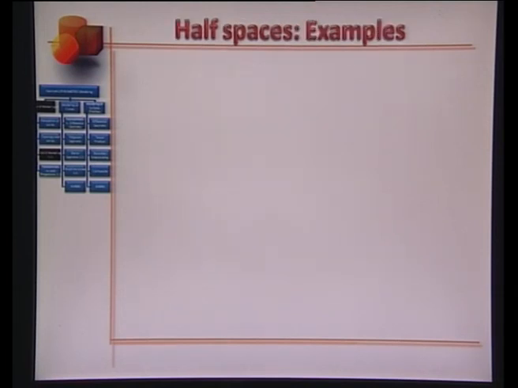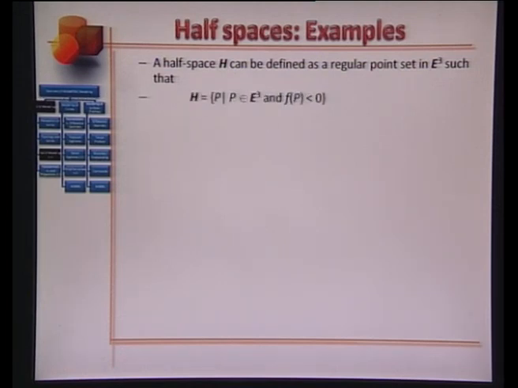Let's consider a few examples. A half space H can be defined as a regular point set in the Euclidean space such that the point set P belongs to the Euclidean space and f of P is smaller than 0. F of P equals 0 defines the surface equation.